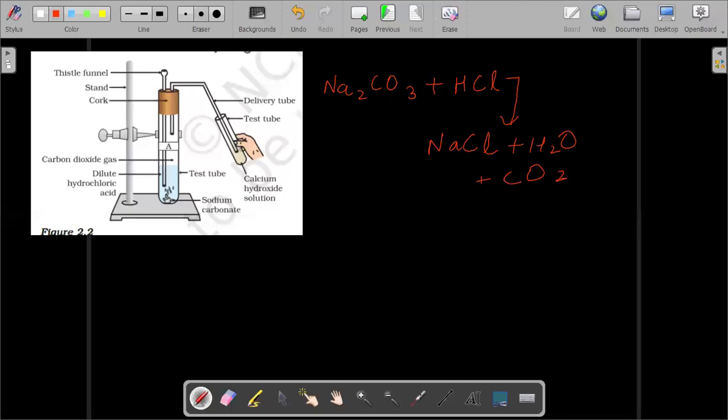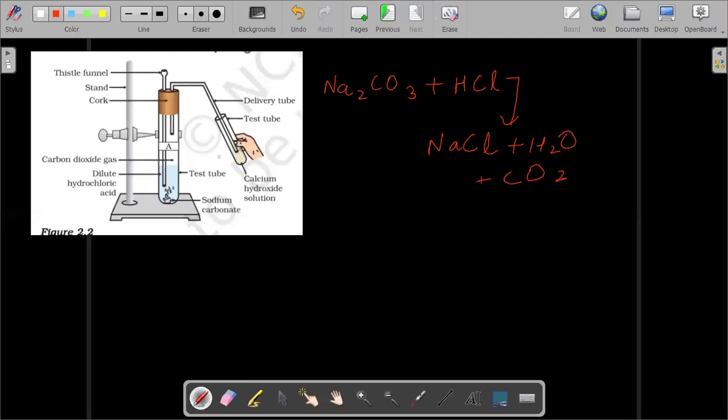Where will you get the carbon dioxide gas? Where are we going to get the carbon dioxide gas? See, the carbon dioxide gas produced during this reaction passes through the delivery tube into the second test tube.